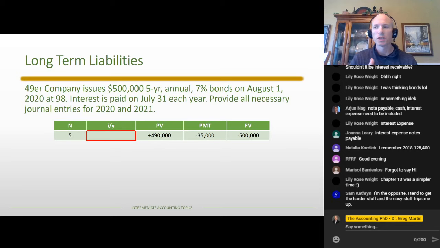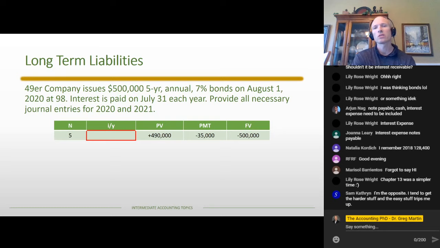Okay, so now is when you get to pull out the calculator. Let's see if you can solve for this. We're doing the TVM related to the bond, and of course it's a 5-year bond, so that's why our N is 5. The present value is the price, which is $490,000. The payment is the contractual obligation to pay interest, and then the FV is the par value.